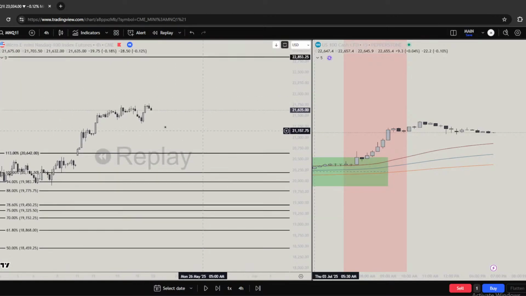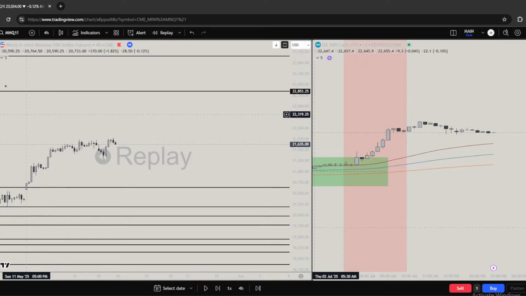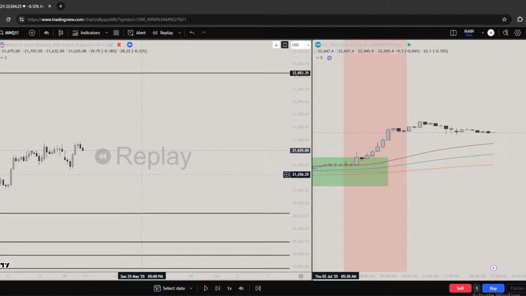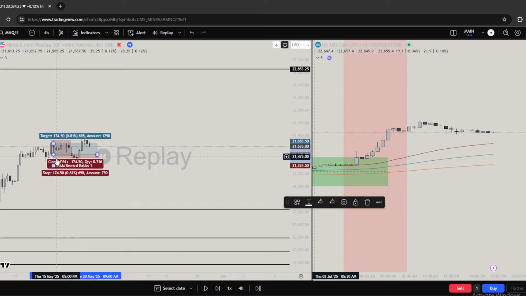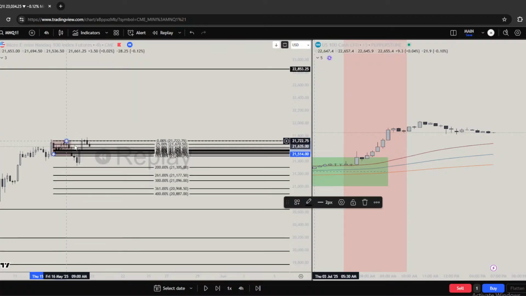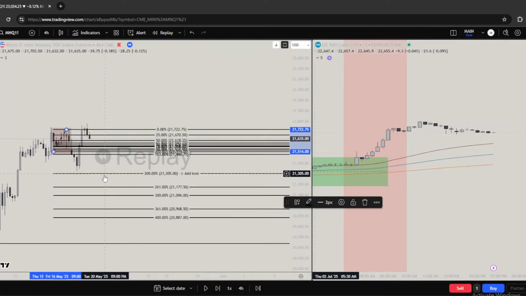Accumulation. Let's see what we got. We rejected at the 200.